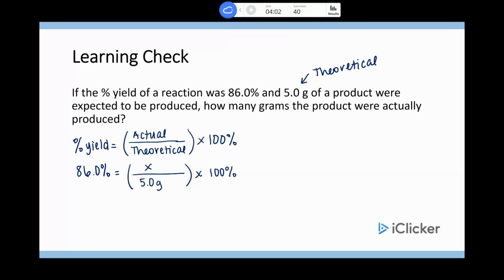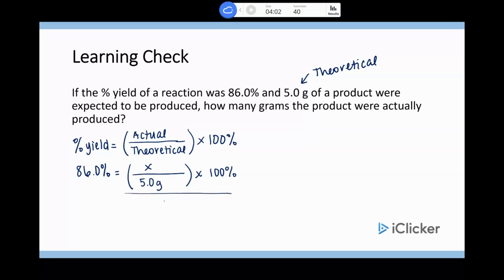And then we're solving an algebraic equation. There are a couple different ways to solve it.